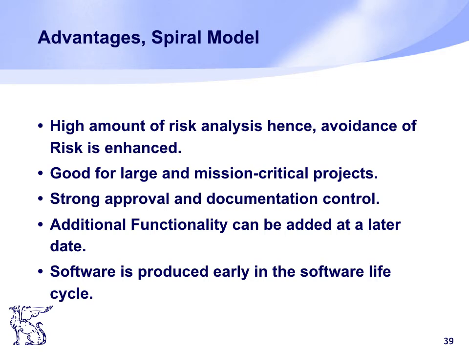And here the requirements can be captured more accurately, and if you get any changing requirements later after implementing the system, they can be easily accommodated. That's one more advantage, and it's also good for large and complex projects. And here the customer can see the development of the product at a very early phase of the software development life cycle. That's one more advantage.